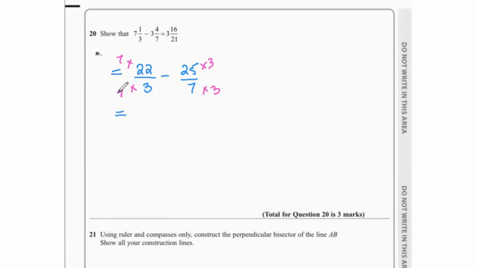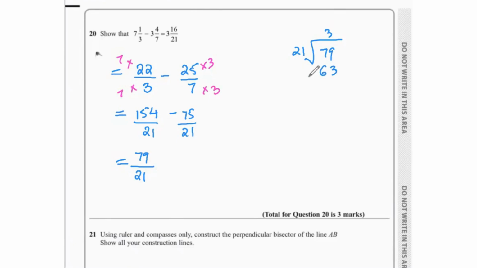So 7 times 22 is 154 over 21 minus 25 times 3, that's 75 over 21. 154 minus 75 is 79 over 21. Divide 79 by 21. 21 times 3 is 63. So that's remainder 16. So 3 whole number 16 over 21 is the answer, as given in the question.